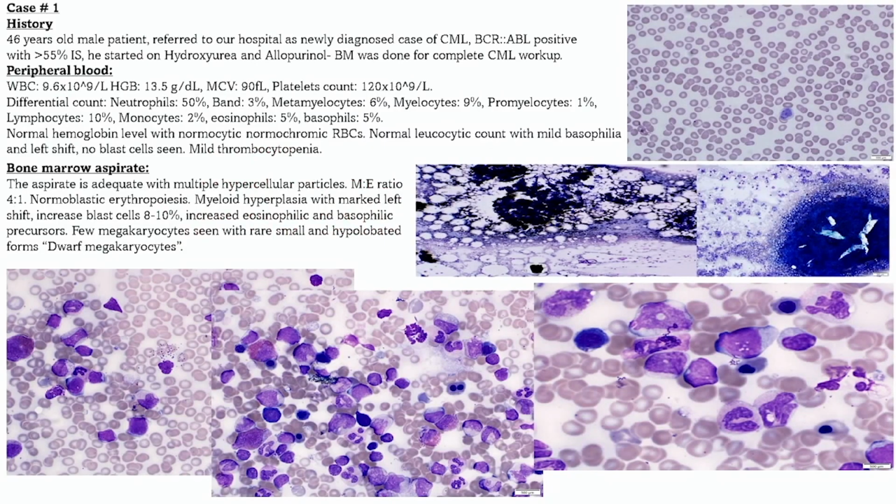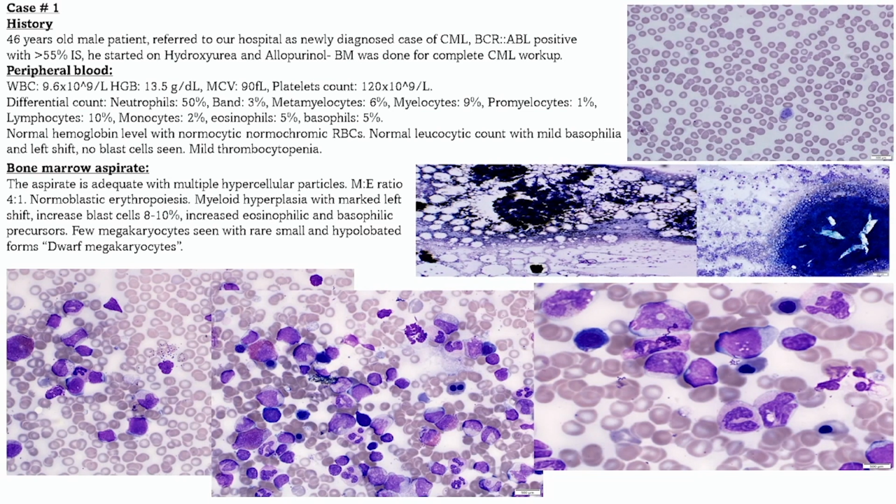Our first case, and I want to share with people, if you have a comment, kindly do. We received a patient with CML as a referral hospital, already diagnosed as a CML case with positive PCR BCR-ABL, and he started therapy. His bone marrow was done for complete CML workup. As you can see, the peripheral blood shows a left shift with the 2 peaks of neutrophils and myelocytes and no blasts seen.